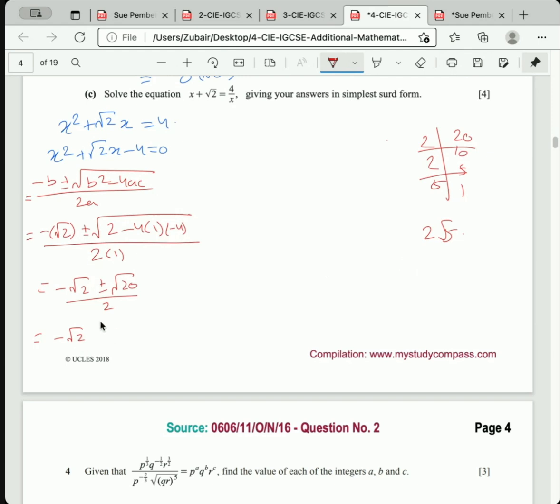So minus square root 2 plus square root 20 by 2 and minus root 2 minus root 20 by 2.